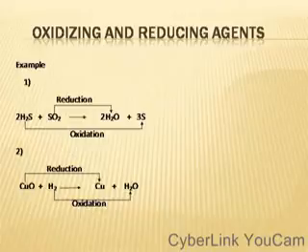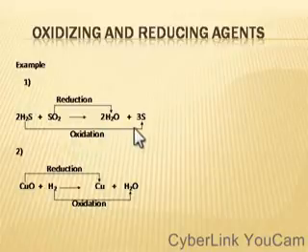If you look at example 1, from hydrogen sulfide down to sulfur, I said it's oxidation, because sulfur there is in the -2 state and gives out 2 electrons, and it becomes oxidized from -2 in the hydrogen sulfide to the 0 oxidation state.